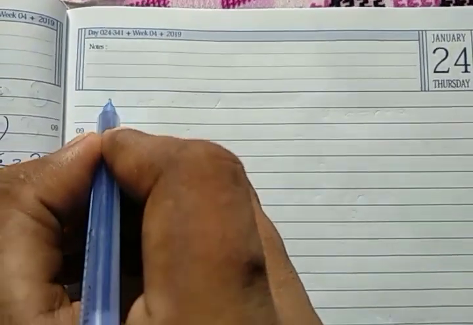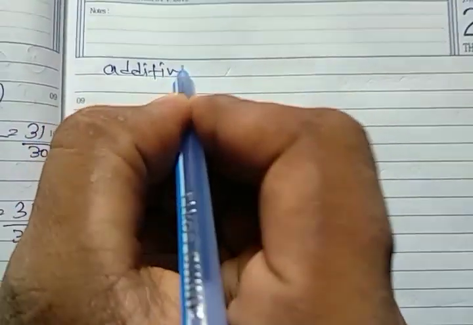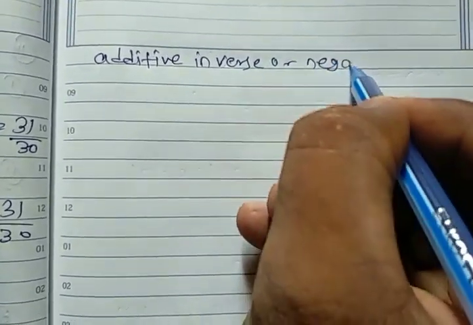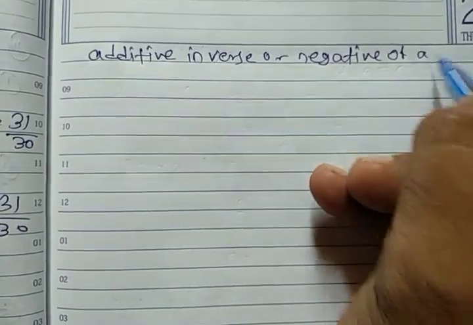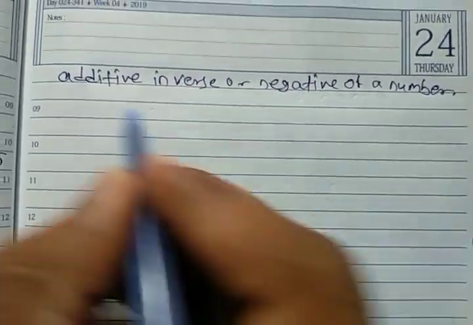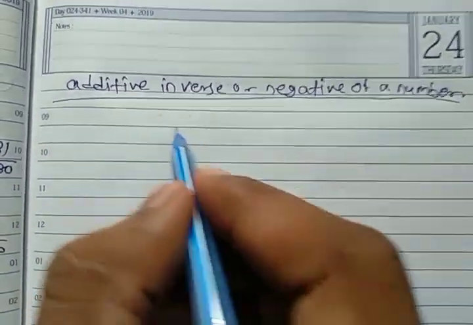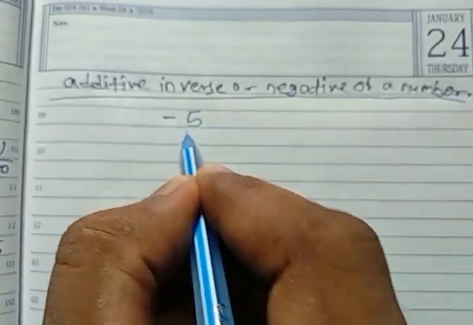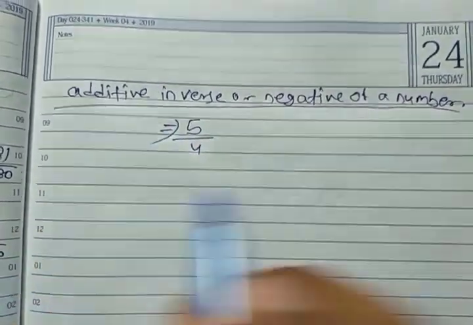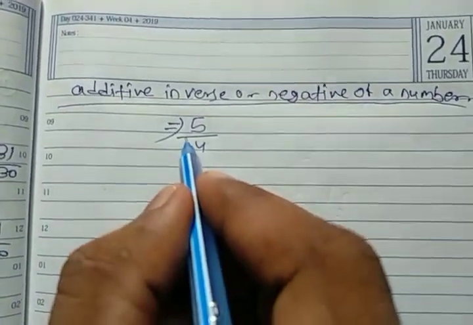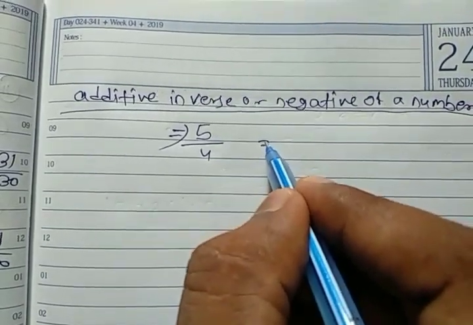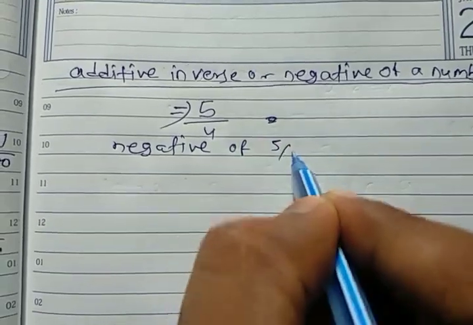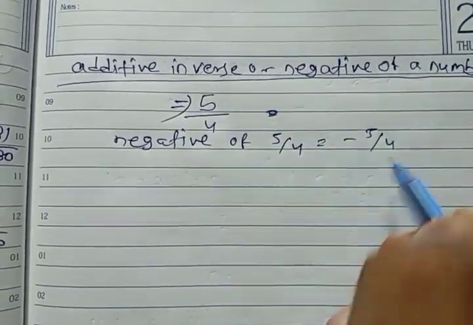Then additive inverse, or the negative of a number. Okay, let us consider a rational number 5/4. The negative of this 5/4 equals minus 5/4.